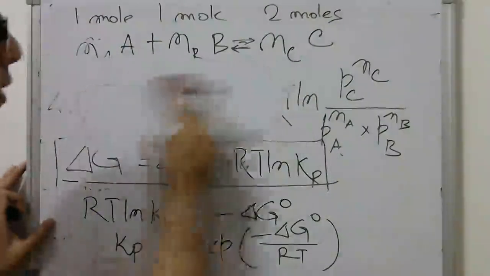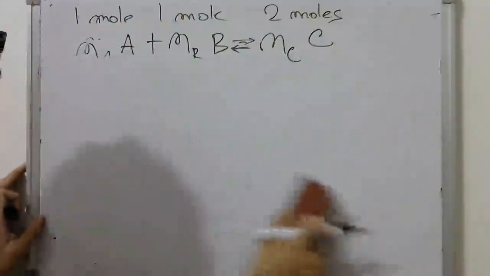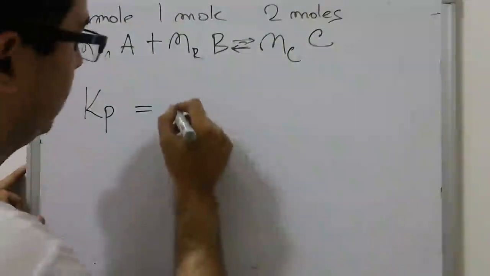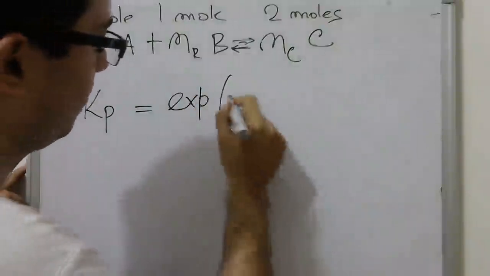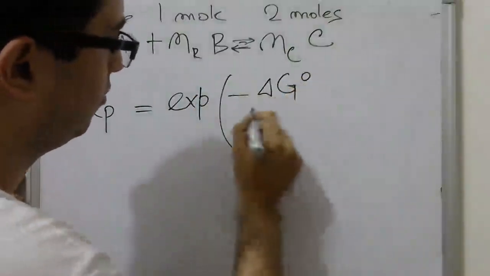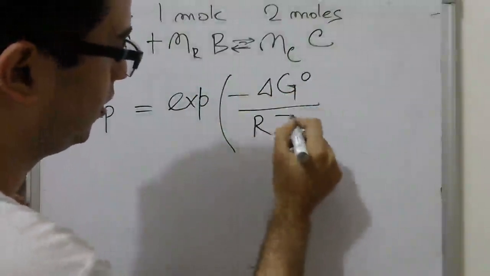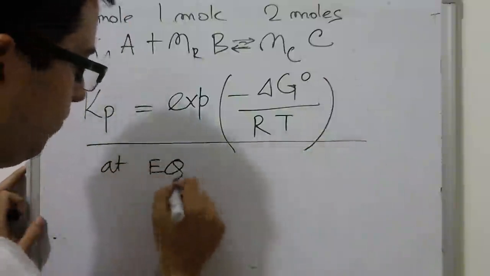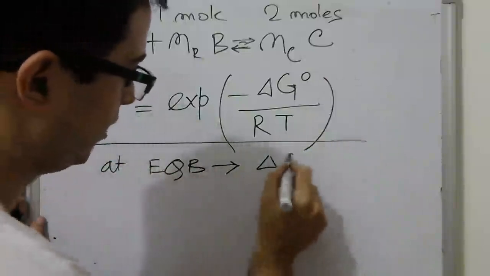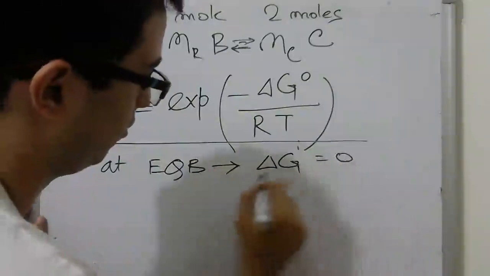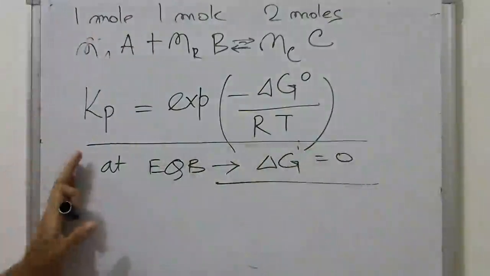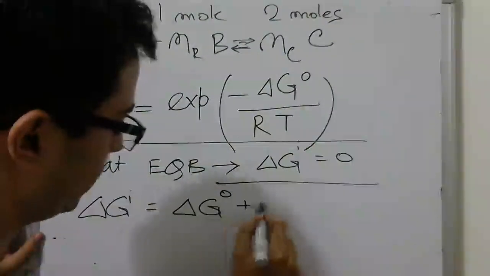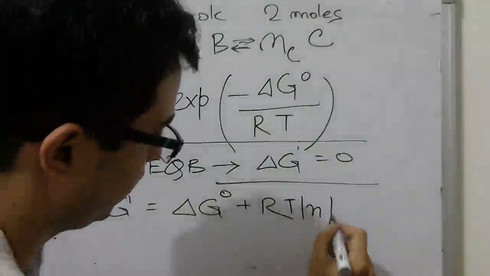So for this, Kp is given as exponential of minus delta G0 by RT at equilibrium, which means delta G equal to 0. So delta G is delta G0 plus RT ln Kp.